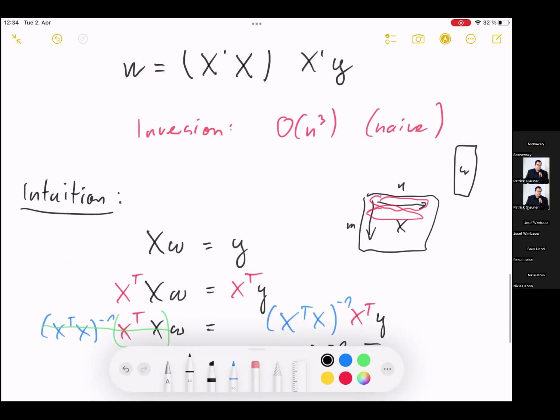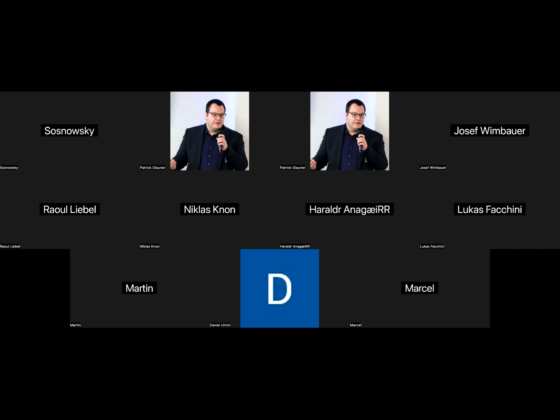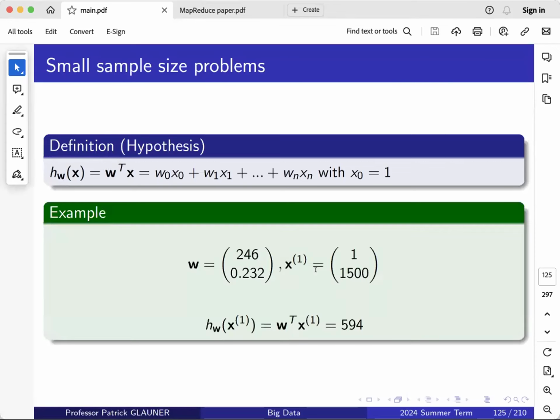And now we will discuss a little bit, and for this I'll switch back to the slides, what the issue of the normal equation is for a small sample size problem. All I had shown you on my iPad is already well formatted here in the slides.